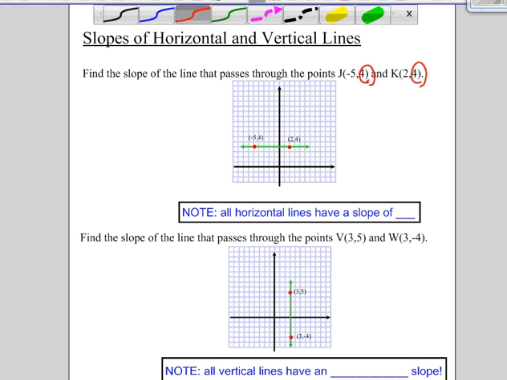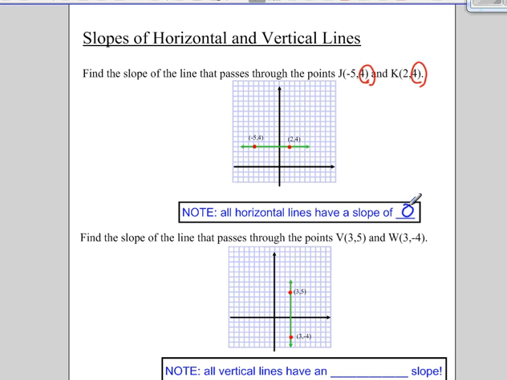And as we reviewed last class, all horizontal lines have a slope of 0. And the reason for that is they have no rise. And if the formula is rise over run, then it's always going to be 0 divided by some number, which will equal 0.